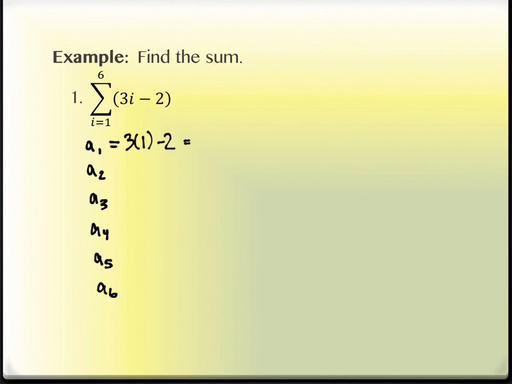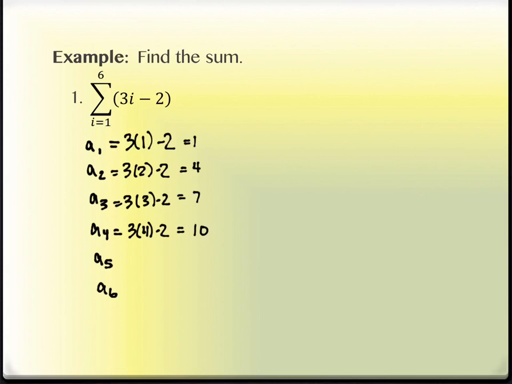What does that give me? 1. The next one is 3 times 2 minus 2. 4. How about 3 times 3 minus 2. 7. We'll do one more and then we're going to pause. 3 times 4 minus 2. 10.